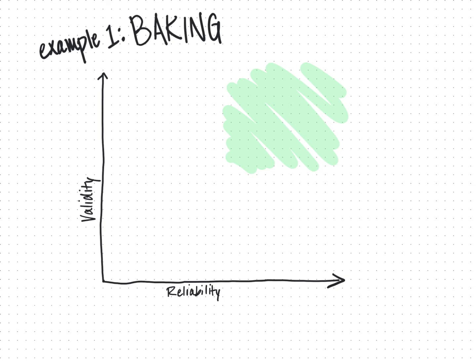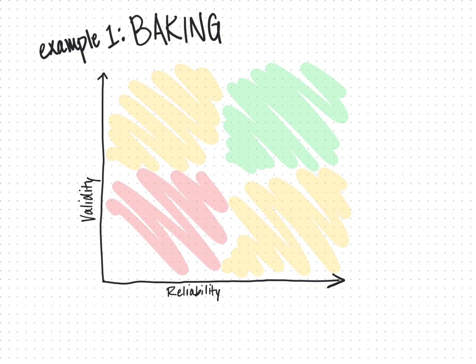But sometimes we may have other measures that may be highly reliable, but invalid because they may be biased in some way, or sometimes we have measures that are valid that should be measuring the correct thing, but they're kind of noisy, so they won't always give us the same consistent result. So those would be valid, but slightly less reliable. And we really want to avoid measures in the bottom left quadrant that are neither reliable nor valid.